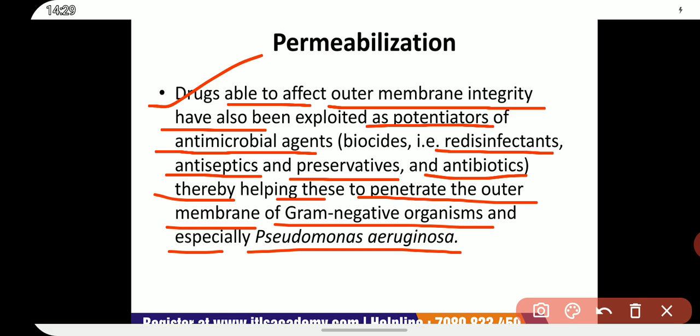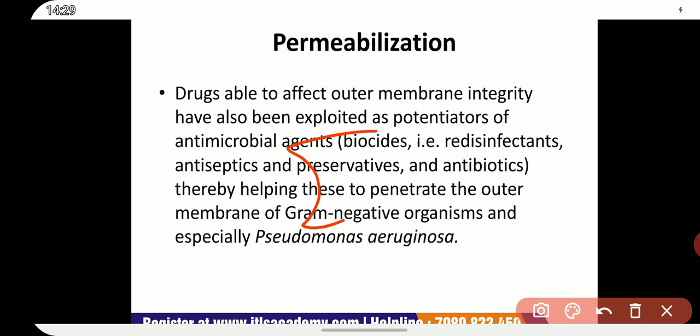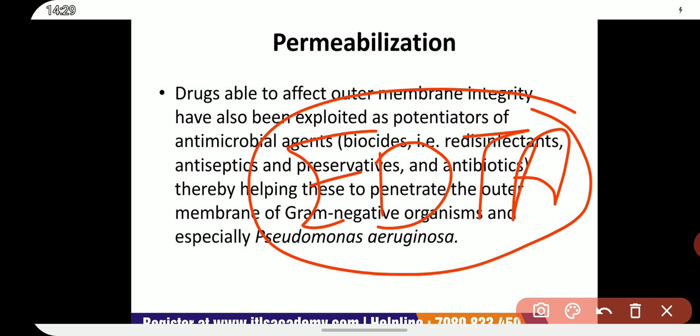Chelators, especially ethylenediaminetetraacetic acid, that is EDTA. EDTA is a main chelator. As we studied, EDTA is the most studied chelator and has been used as a potentiator of the action of chloroxylenol.